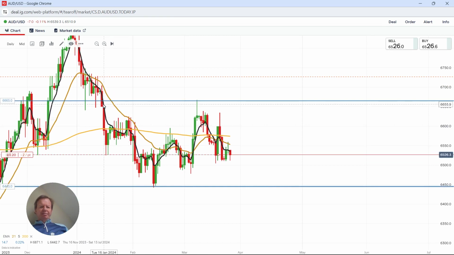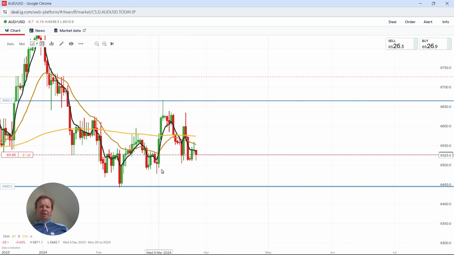This is basically a year, so since the 14th of January, right up until now, as you can see, it's very much been trading within this range. This is the bottom of the range here, where I put the line.